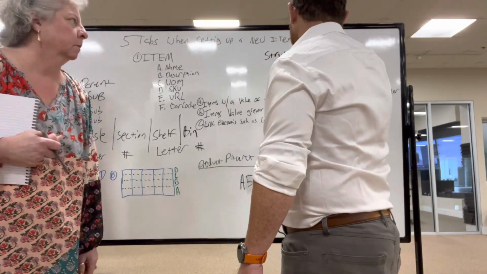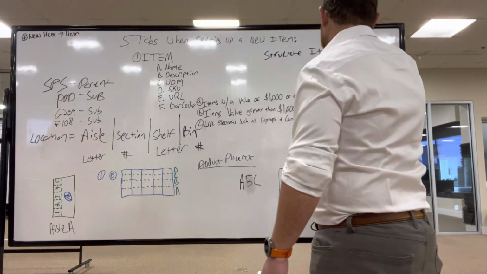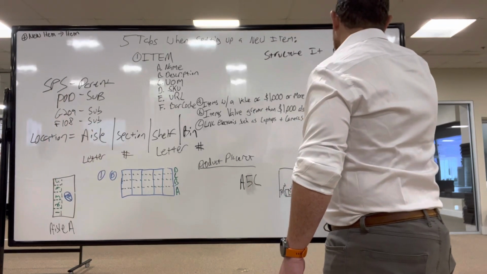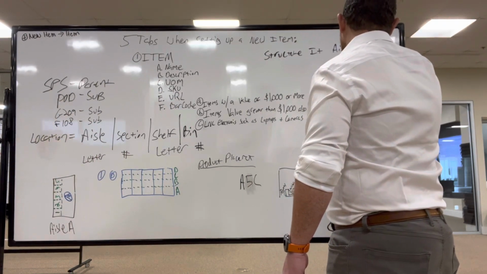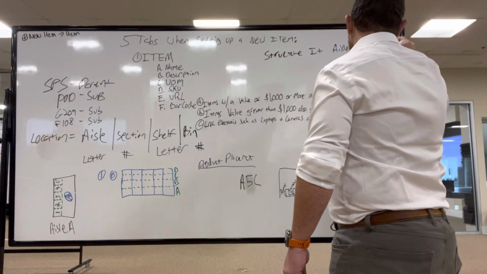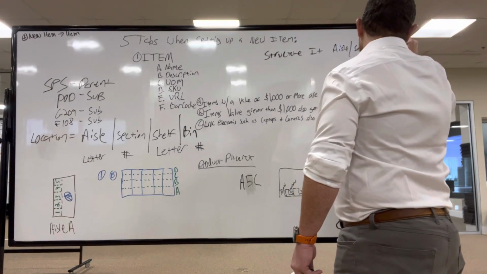So we structure it, which means the aisle, section, and shelf, and maybe bin if we want.